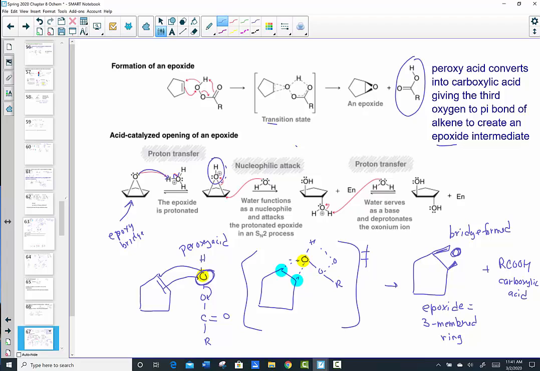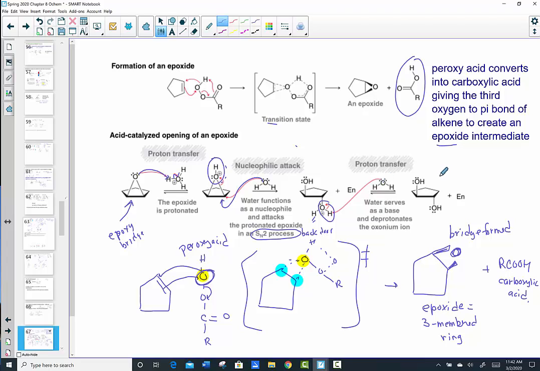And the unique part here, the water will then serve as the nucleophile, and you see how it's coming underneath. That's an SN2 substitution. So when we look at the SN2, remember that it's always a backdoor attack. This right here is now the protonated alcohol. We need to get rid of that extra hydrogen, and you do so by using a water now as a base to deprotonate.